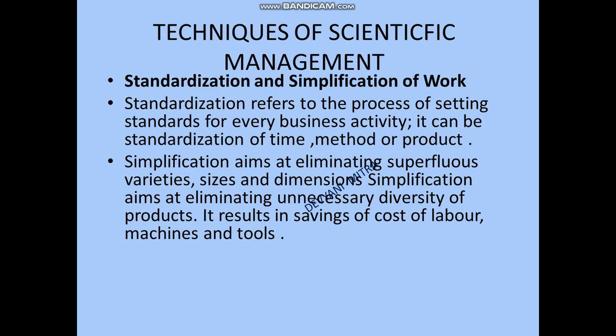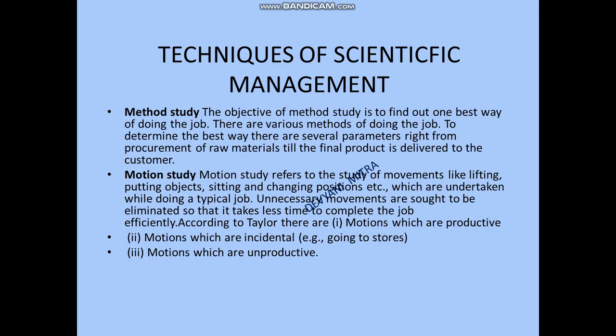By simplifying the task, there can be economy in use of machines, labor, inventory and maintenance. It will also help the firm improve quality and reduce cost. So this is the importance of simplification. Instead of producing a wide variety of products, they can eliminate unnecessary variety and focus on only a few products.